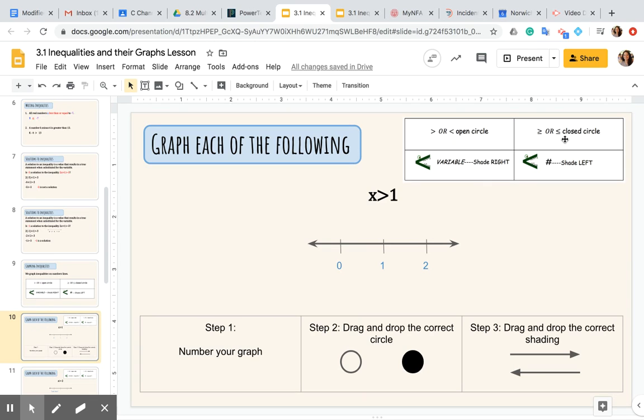If my inequality symbol does have a bar, I use a closed circle. That means or equal to. And you can kind of think of it like this. The bar underneath means you want the number to count. Think about when you guys take multiple choice tests. Like if you were taking the SAT or the PSAT back when you guys bubbled in stuff.